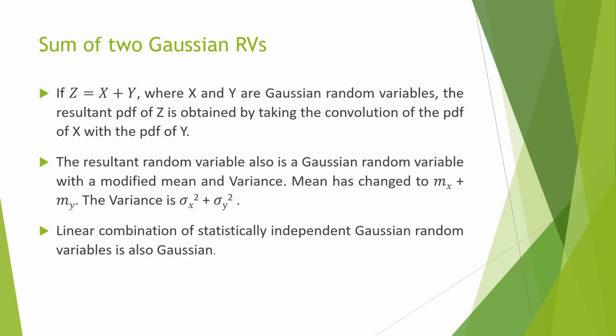Now we take the summation of two Gaussian random variables. Suppose we take the Gaussian random variable x with mean value mx and variance sigma x square, and another Gaussian random variable y, whose mean value is my and whose variance is sigma y square.